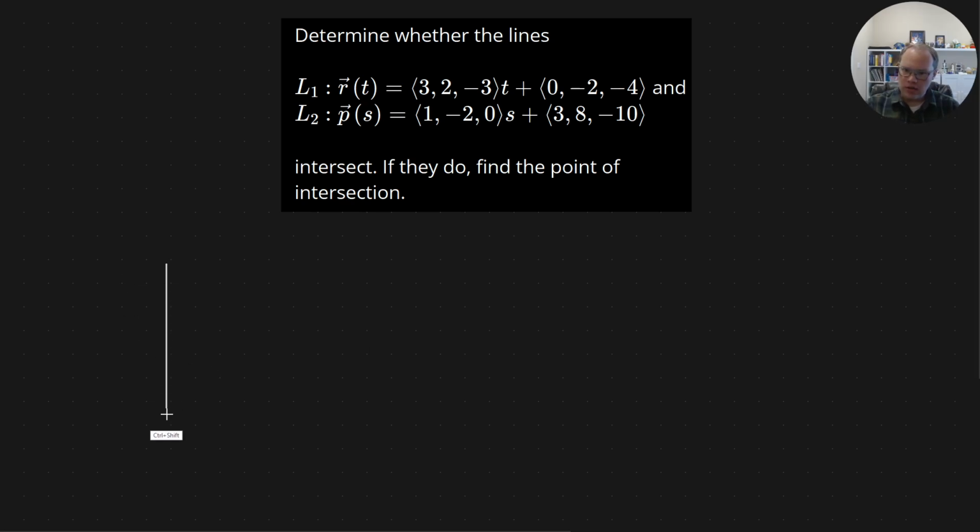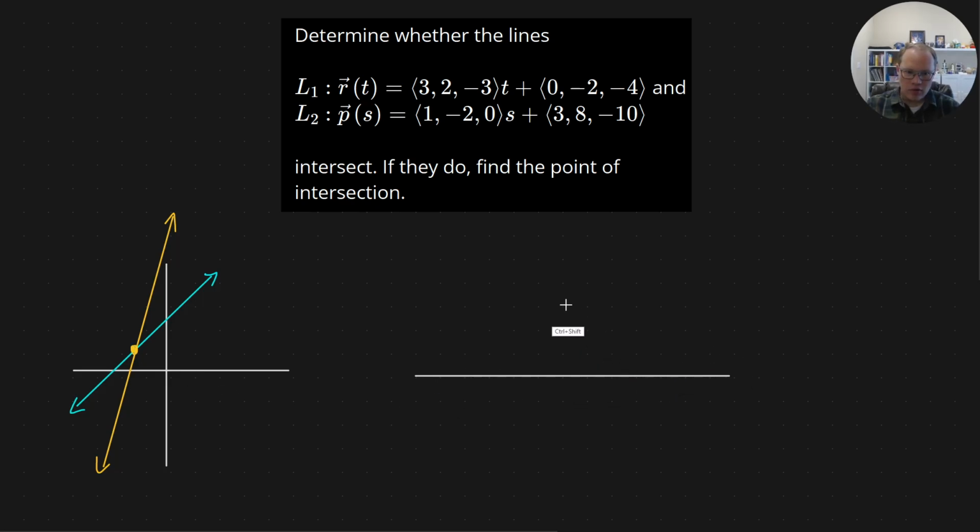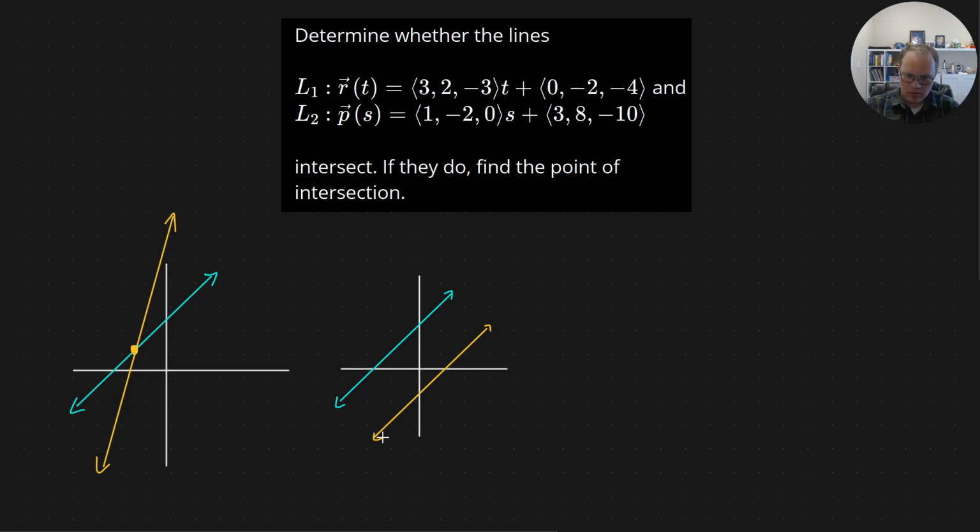In 2D, I could have two lines intersect at a point, or I could have two lines be parallel. Or the two lines could really be the same line. They're just kind of in disguise and we didn't realize that they're the same line right away.